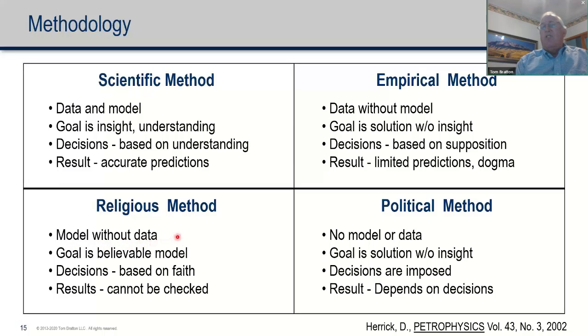So this is like hydraulic fracturing before we had any kind of fracture diagnostic, such as microseismic data. And he called this the religious method because the goal is a believable model. And this is back in the time when we thought that you had two wings to every hydraulic fracture, and they were equal in length, centered about the borehole.